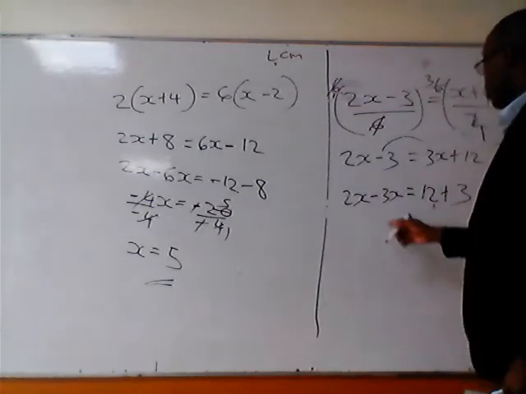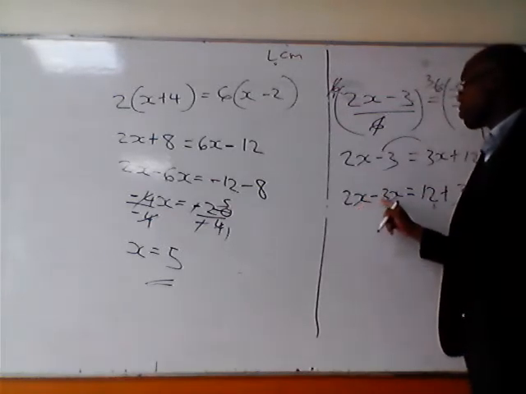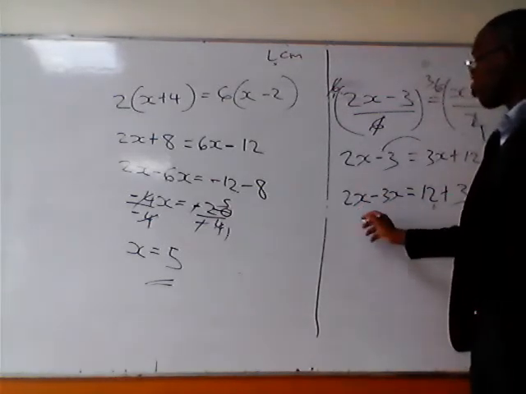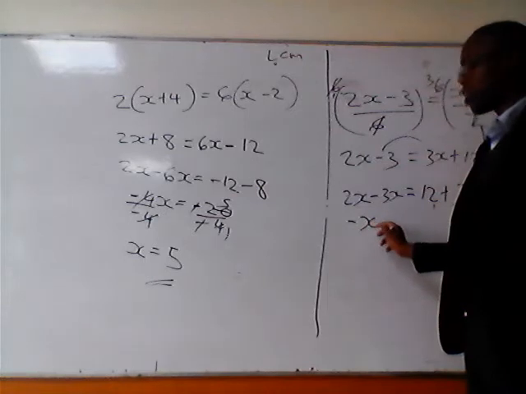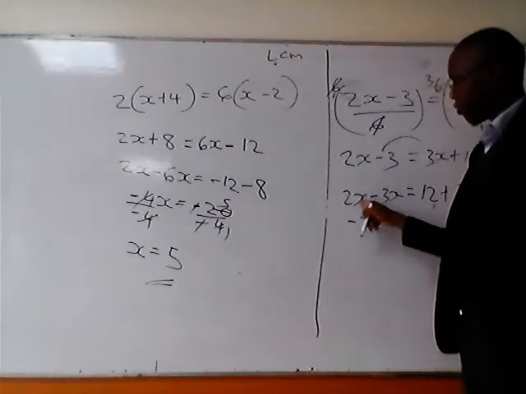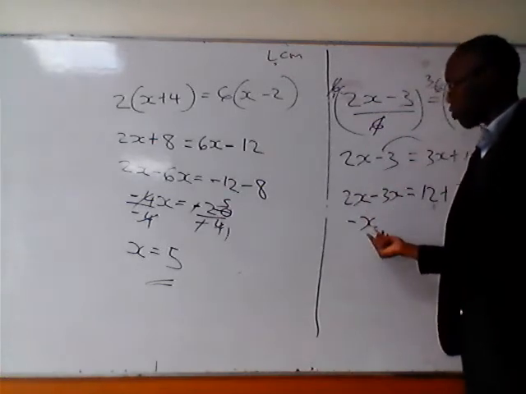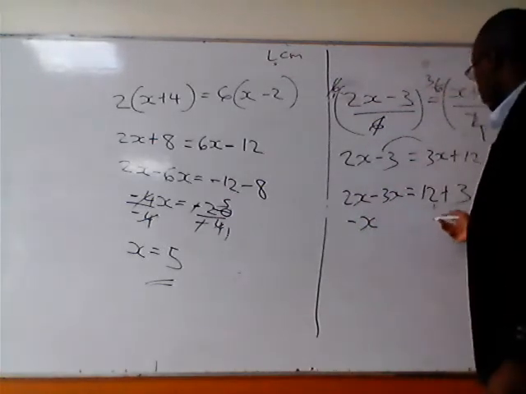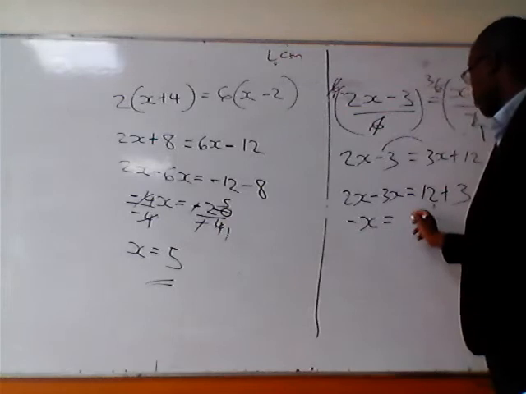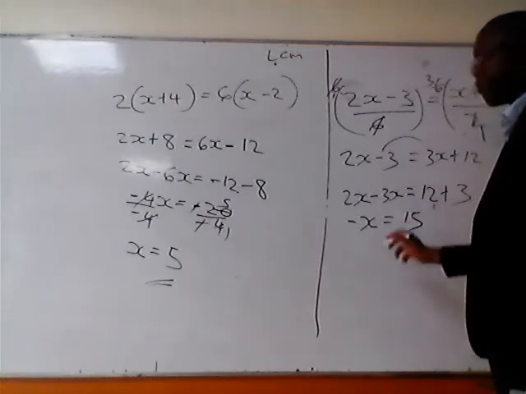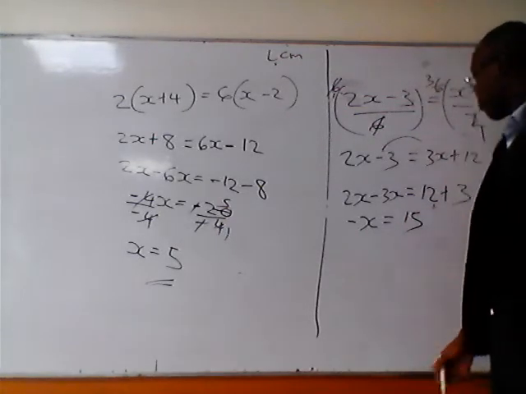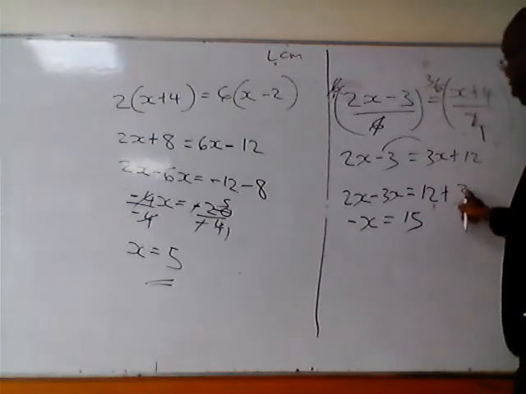So that 2x minus 3x is going to be minus x, is equal to 15, because 12 plus 3 is actually 15.